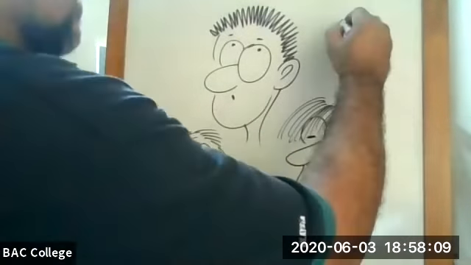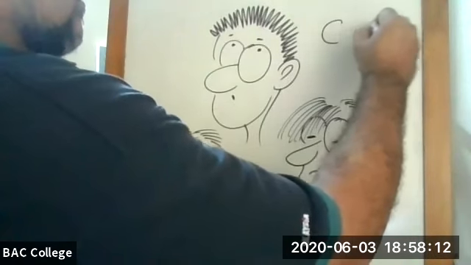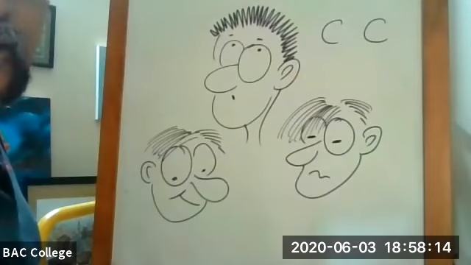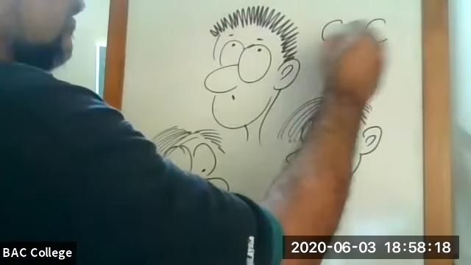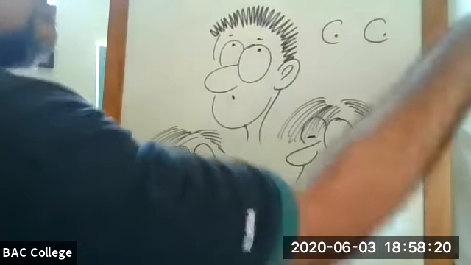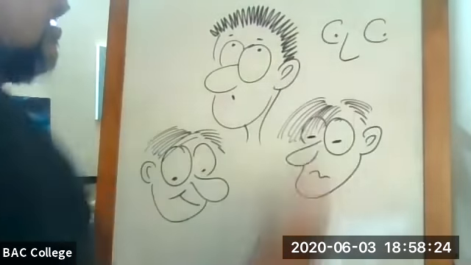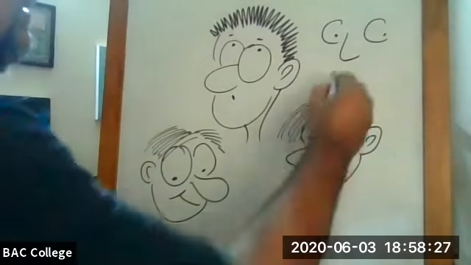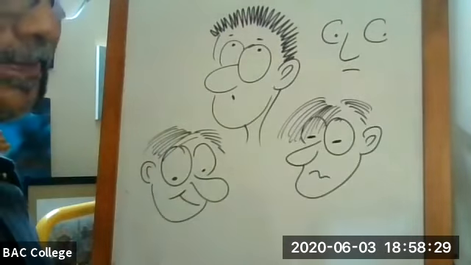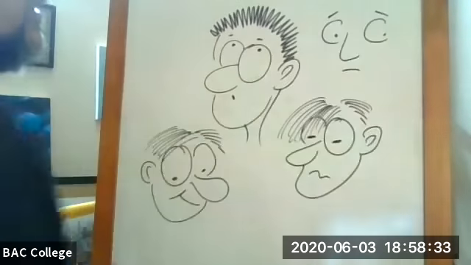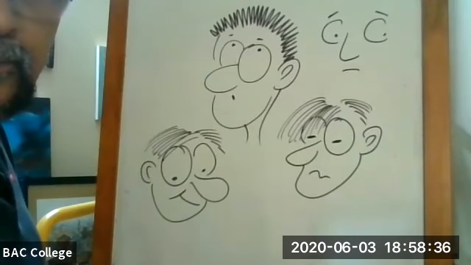Okay, one more. Okay, let's get two C's like this. Just draw two C's like that. Okay. And the eyeball looking this way. And a nose. And a mouth. The eyebrows looking a bit worried.